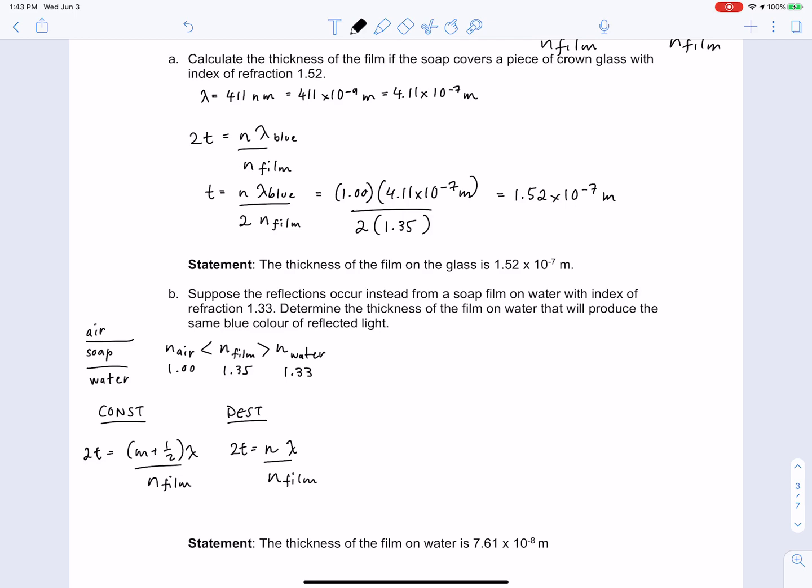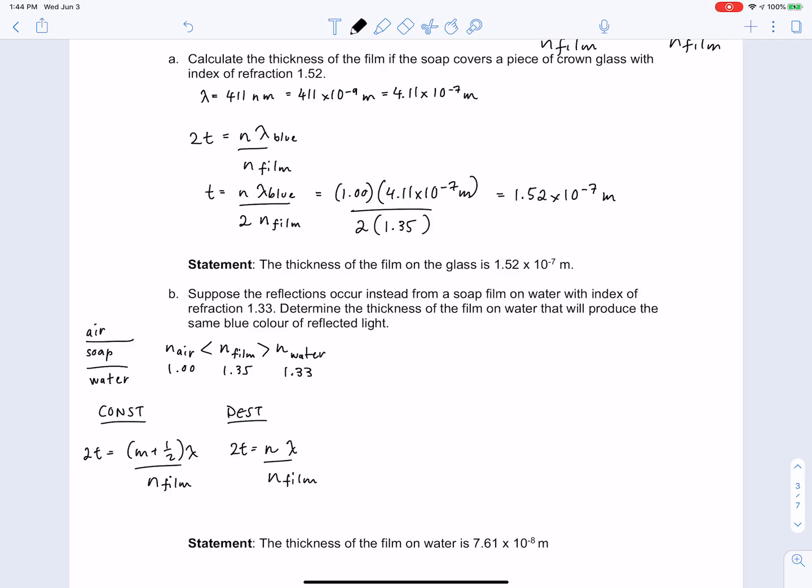All right, so in this example, what we want to find is t. One ray is partially reflected from the upper surface and inverts because it's moving into a more optically dense medium. However, the second ray reflects from the bottom surface and does not change its phase because it's moving into a less optically dense medium. Therefore, we use the formula for constructive interference of the two waves with one phase change.